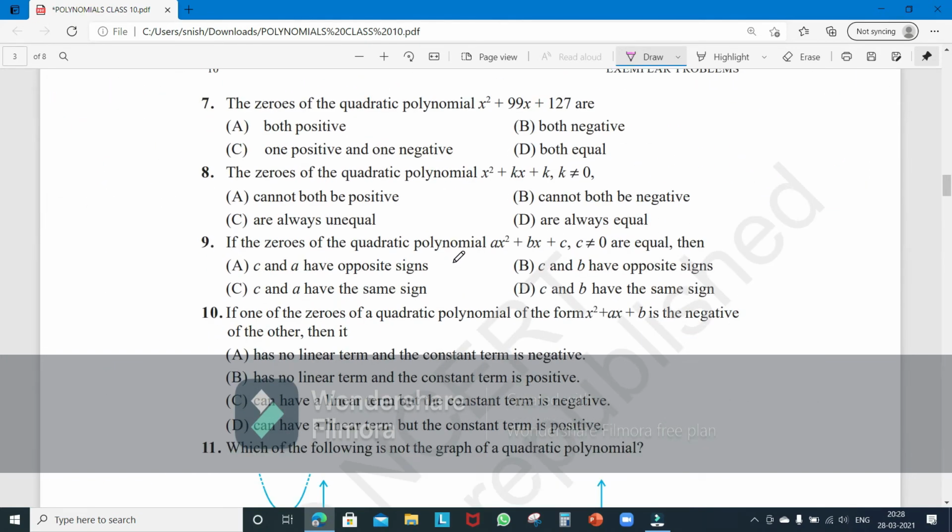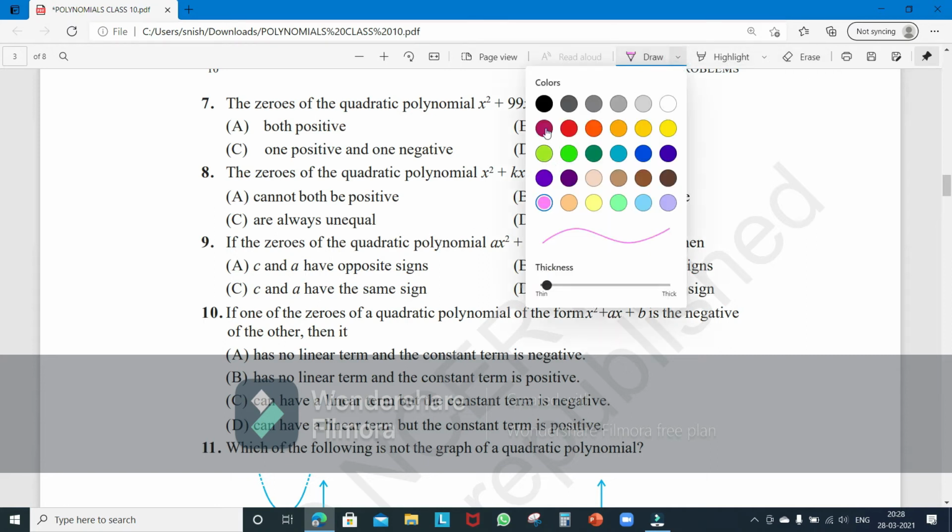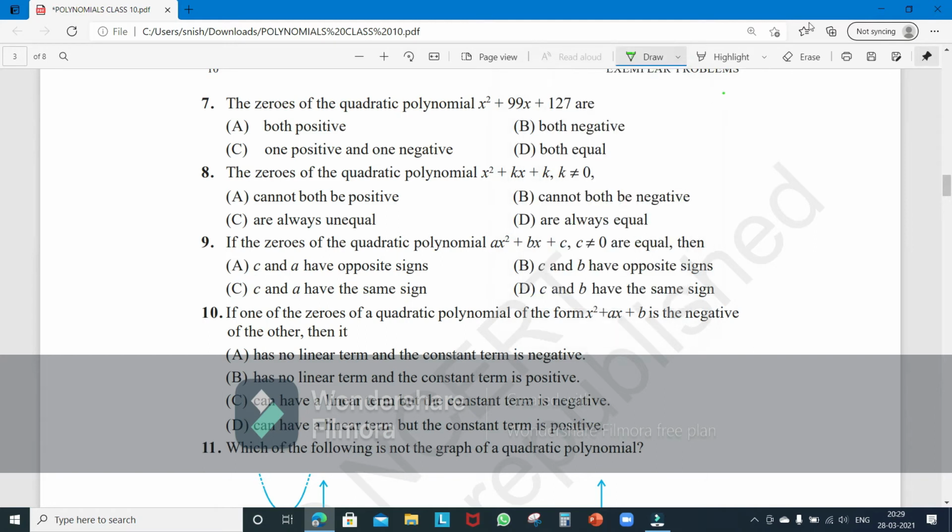Next, 7th question. This is a simple one. What we are going to do is, let's apply the quadratic formula. X equals minus b plus or minus under root b square minus 4ac by 2a. Okay, minus of b, minus of 99. We have to find the nature of the roots. Are they both positive, both negative?